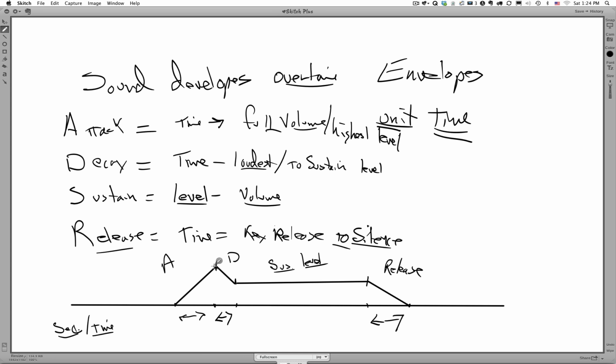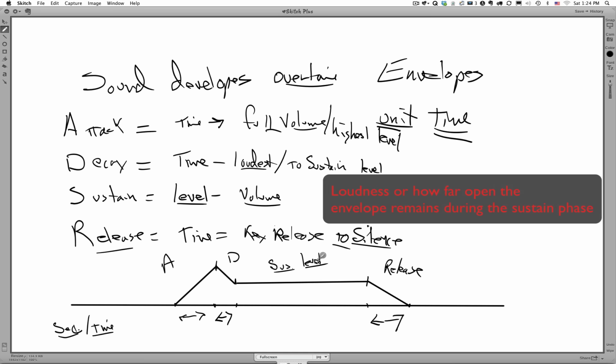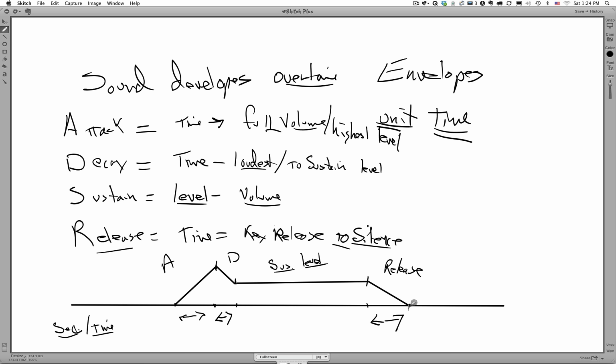Decay, how much time to decrease down to the sustain level. The sustain level is how loud will our keyboard sustain after its initial attack phase. So the loudness, not time. And then the release is when we release the key, how long does it take for the sound to go to silence?